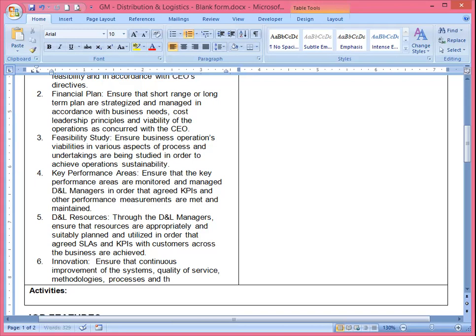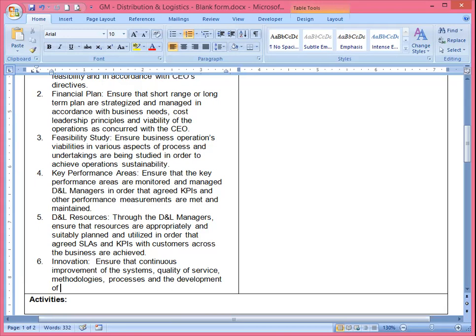And the development of manpower, of the workers, the human capital. Let's just say manpower resources are facilitated.